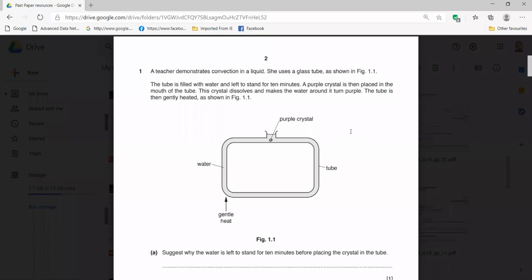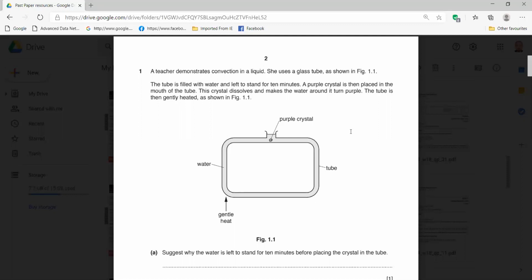Another point is convection occurs by density changes of the molecules. Okay, this will be your second point, and then the third point will come: lower density molecules rise up and more dense molecules sink down.